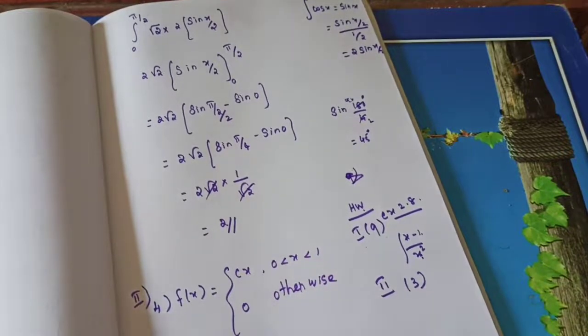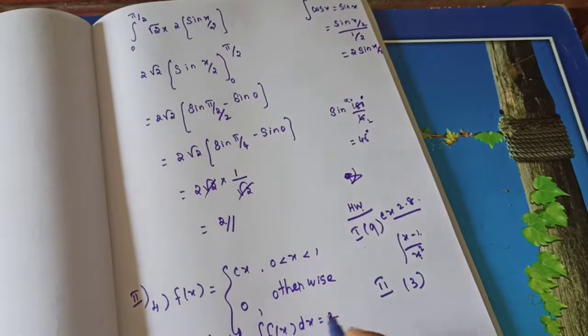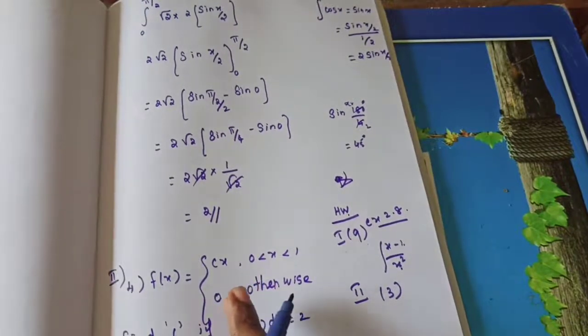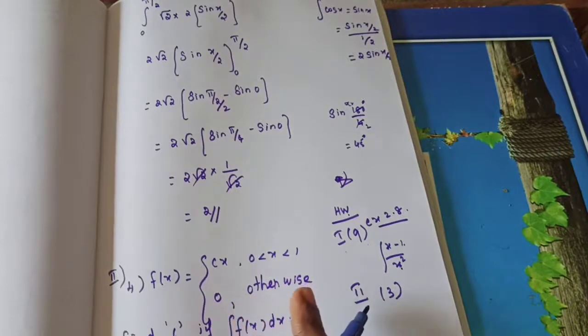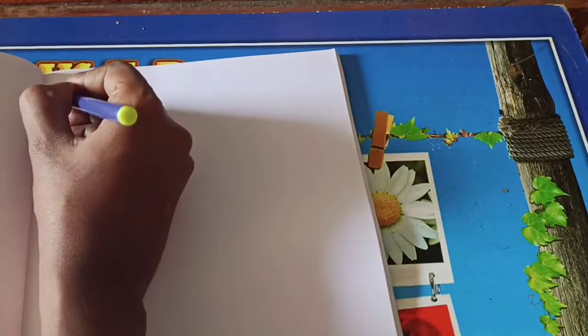What you need to do is find C if integral of 0 to 1 f of x dx is equal to 2. Okay, f of x is equal to cx, 0 less than x less than 1, 0 otherwise. You need to find C if integral 0 to 1 f of x dx is equal to 2. Okay, shall we do now? Okay, solution.